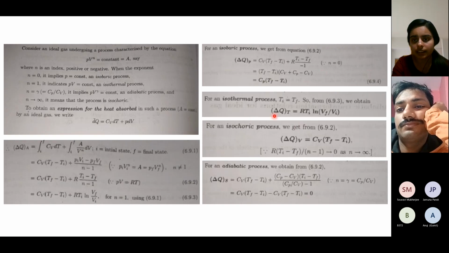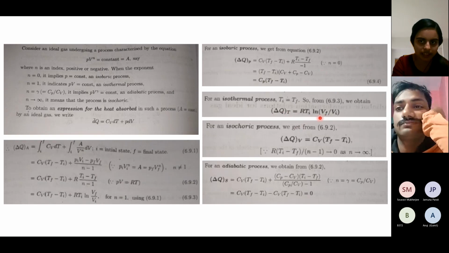So what should delta Q be? It should be something like RTi ln2, correct? And Ti is the initial temperature. Similarly, you can use these relations to find the heat absorbed in different kinds of processes. Okay, this is clear, correct?